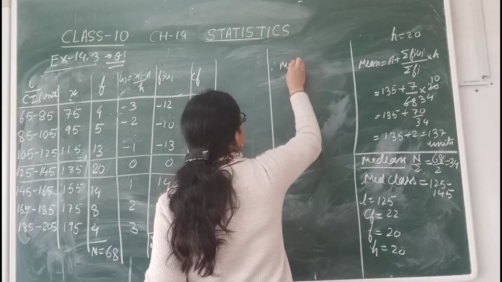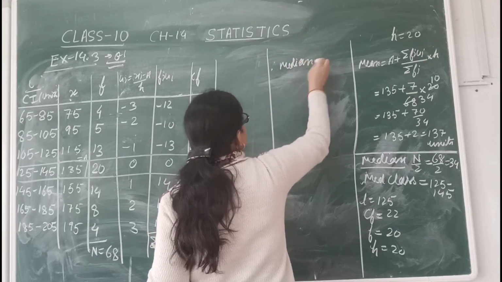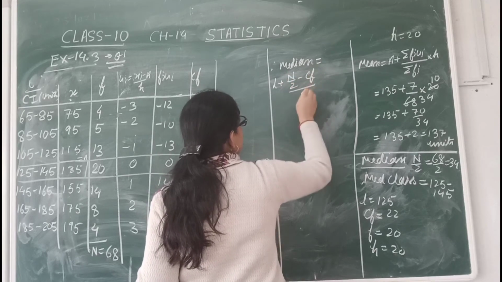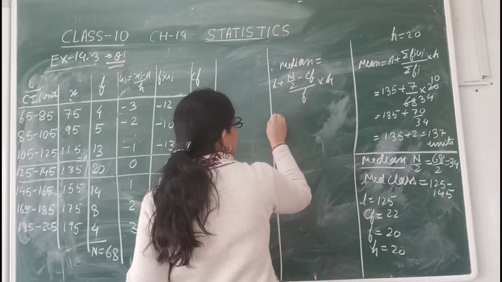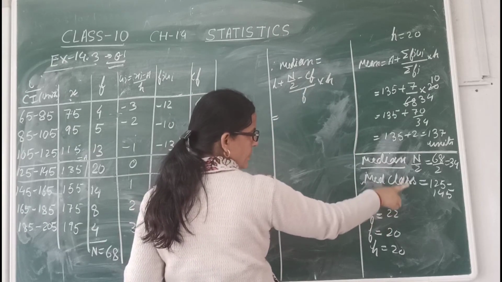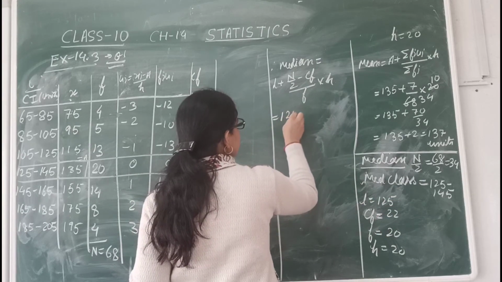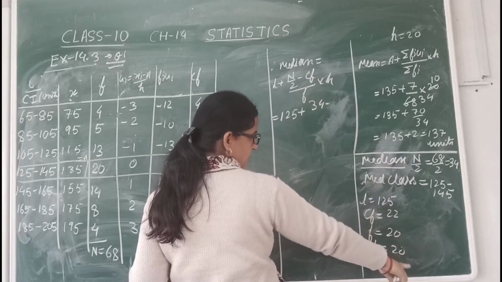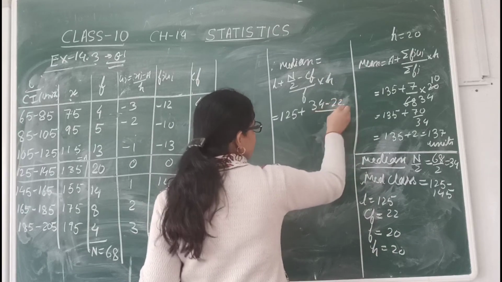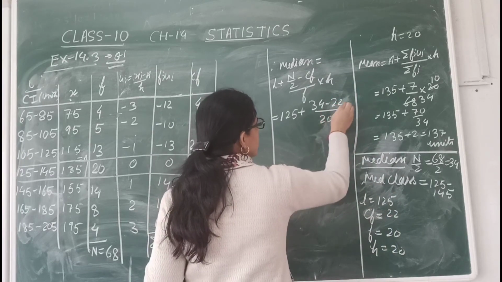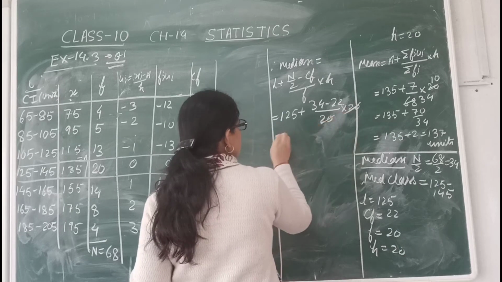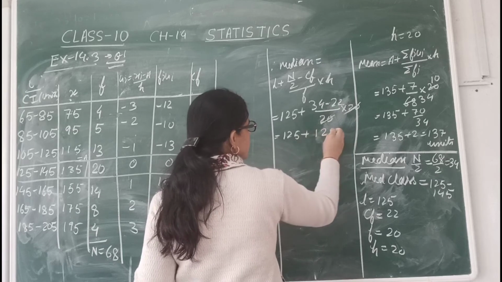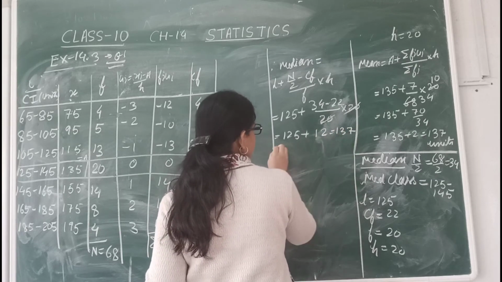Therefore, median equals L plus n by 2 minus CF by F into H. Now L value is how much, children? L is 125 plus n by 2 is 34 minus CF is 22 by F is 20 into H is 20. Cancel. So it is 125 plus 12, so it is coming as 137 units.